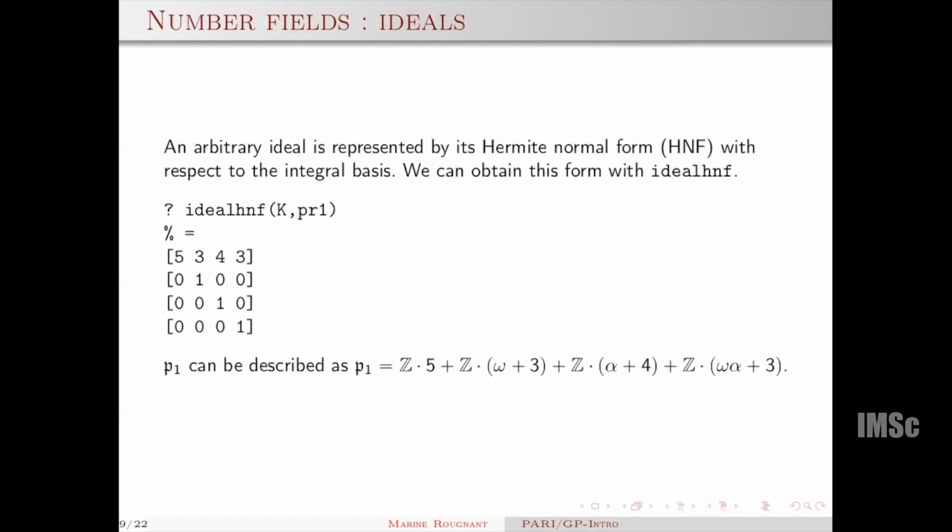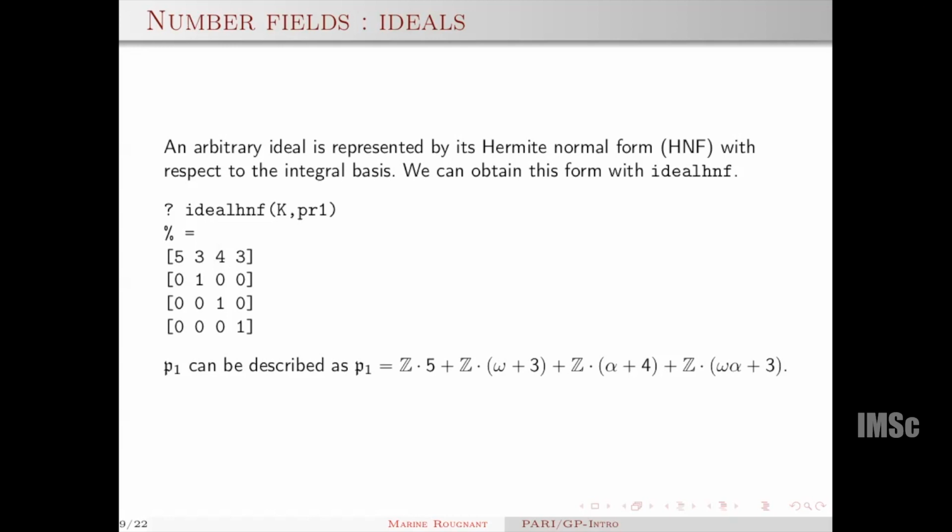So sometimes we have ideals that are not given this way, but you can also use them. You just have to know that it's represented by a matrix, which gives you a description of your ideal in terms of the elements of your integral basis.